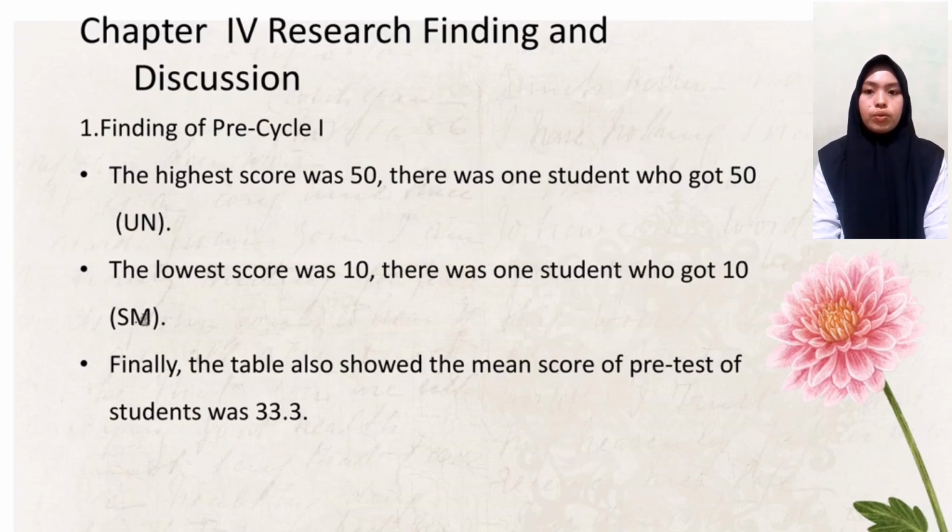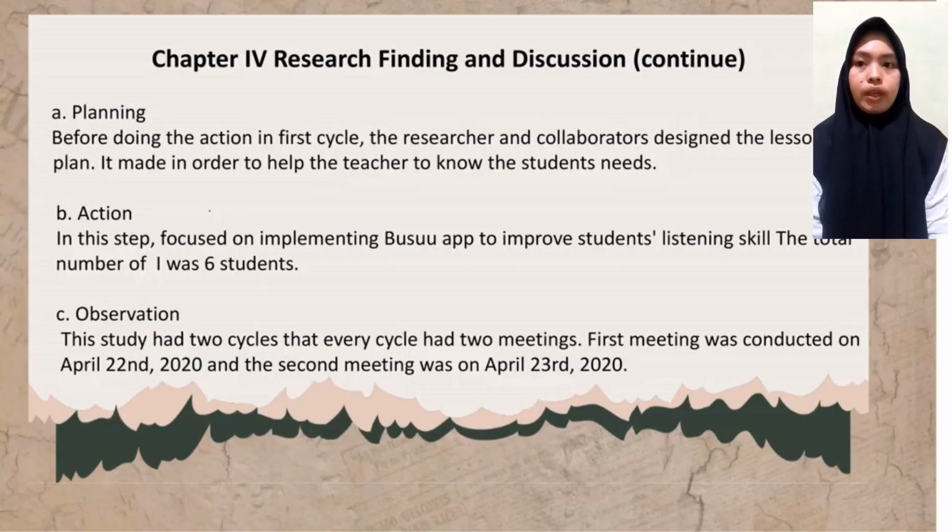The low score was 10. There was one student who got 10. Finally, the table also showed the mean score of the pre-test of the students was 33.3.